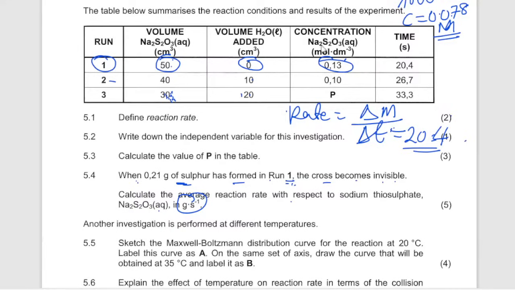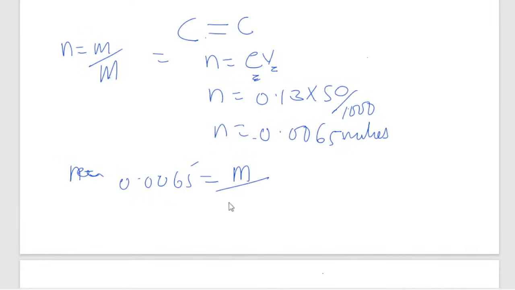Molar mass of sodium thiosulfate. So automatically, sodium thiosulfate, which is 23 plus 32 times 2 plus 16. Let's check on the periodic table because I'm getting it from the head.